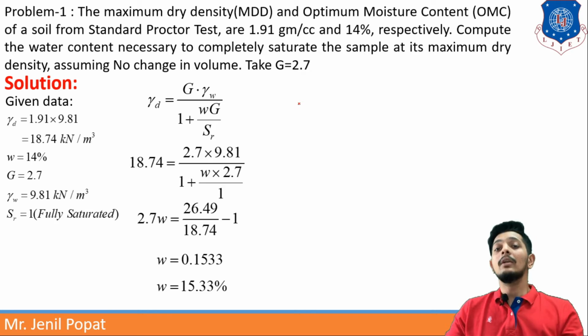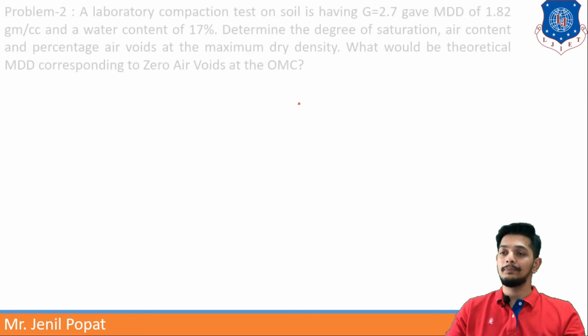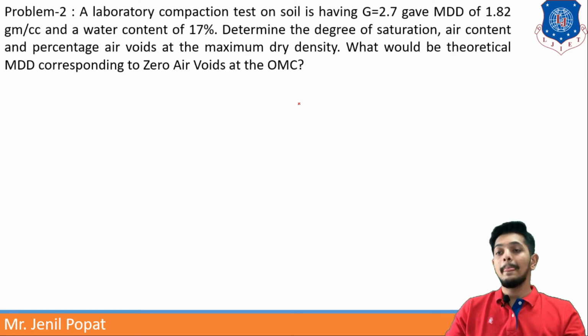Let us move to next problem. Problem 2. A laboratory compaction test on soil is having G, specific gravity, as 2.7. It gave MDD of 1.82 gram per cc, and a water content of 17 percentage.